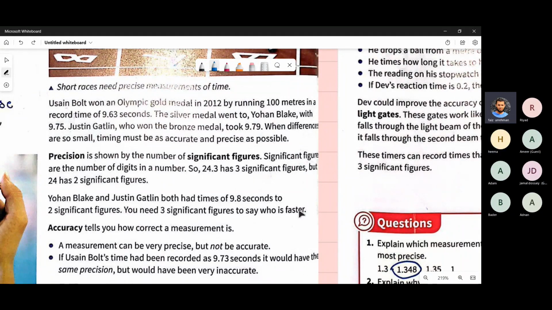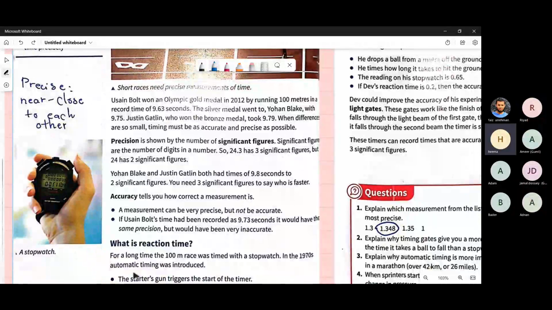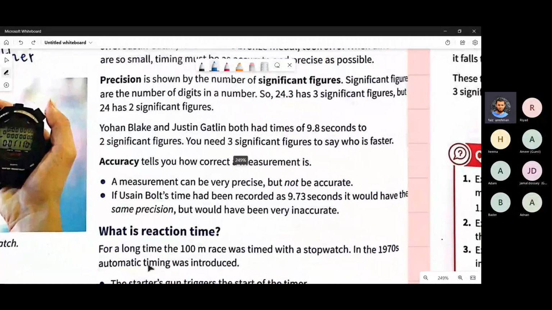So there is a story. You can read it. And they have given some times. Now what happens? Two runners got the same time, 9.8 and 9.8. Now how will we decide the winner? We need one more decimal place, more precision.